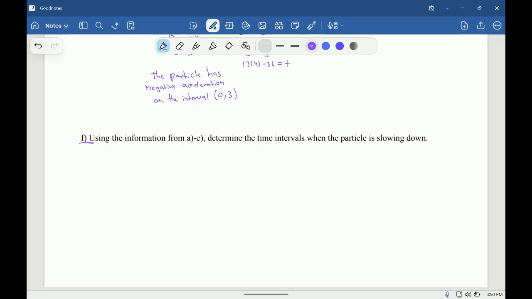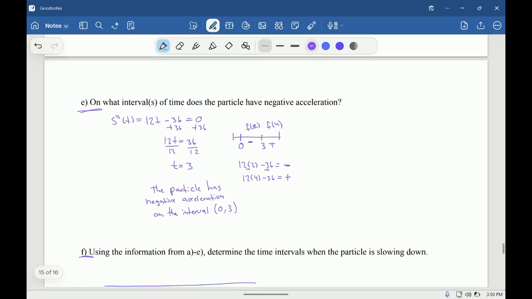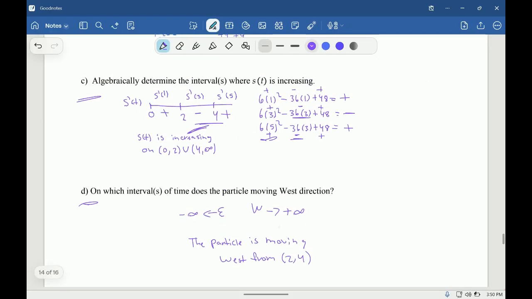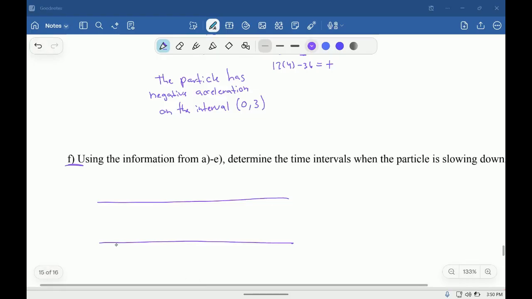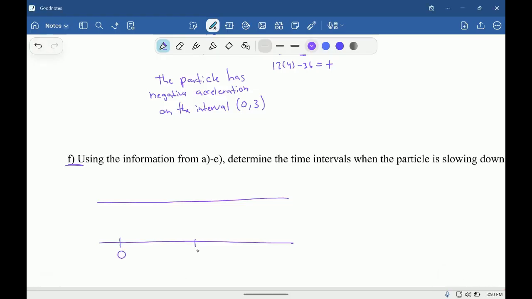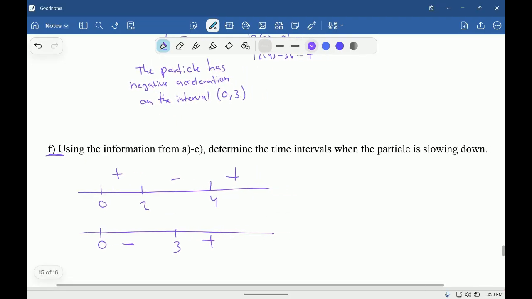And then for our last problem, we want to determine which time intervals the particle is slowing down. So we're going to want to draw two number lines. And we're going to want to use both of the number lines that we used for the negative acceleration and the increasing. So let's put our negative one down here. We're going to have 0, 3, 0, 2, and 4. And we know this was positive, this was negative, this was positive, this was negative, and this was positive.